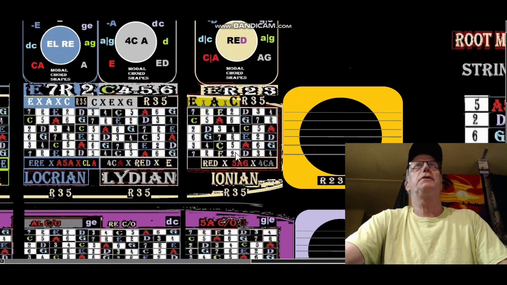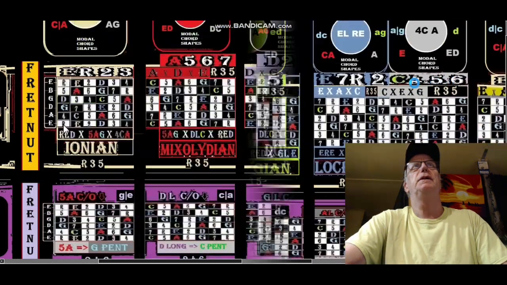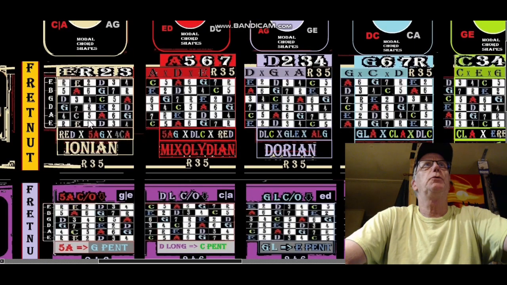you're going to the 4th pentatonic, which is really the substitution for the 5th, as we discovered. So we go to the right here, we're going to the 4th pentatonic, because we're looking at the shapes here. We've got an E shape here, and the main shape here is an A shape.